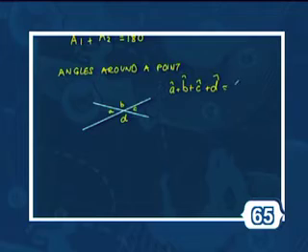So, for example, if that's my point in the center, and I have angles A, B, C, and D, that's called a revolution, and angle A plus angle B plus angle C plus angle D is equal to 360 degrees.